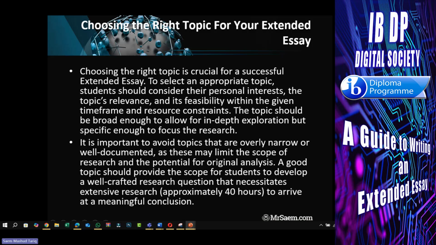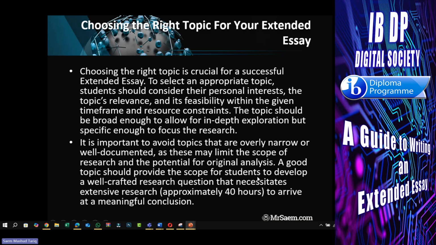It is important to avoid topics that are overly narrow or well documented. ठीक है. क्या मतलब है इसका? ये second paragraph का. Let me engage you as well. पहले obviously जिस तरह तन्वीर ने बिल्कुल बात की है कि it should not be narrow and it should not stop somewhere where you cannot get more information.